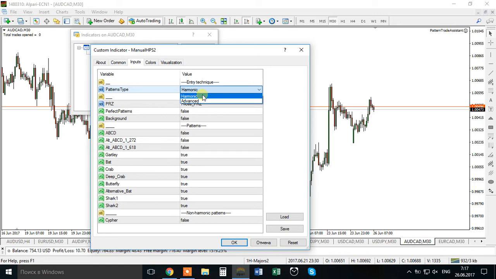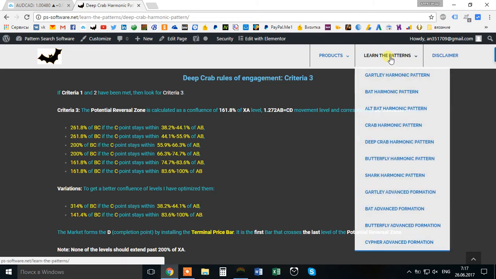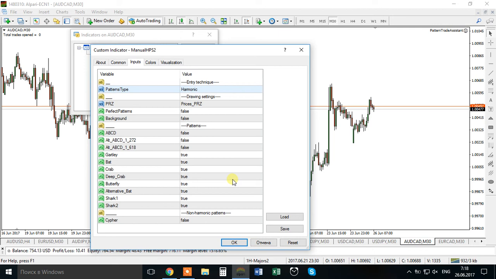If you don't know the difference, go to my website and you will have the full, complete explanation between them. So Bat advanced, Gartley advanced, Butterfly and Cipher advanced patterns, as compared to Gartley harmonic, Bat harmonic and Butterfly harmonic patterns. In a few words, a harmonic pattern is the pattern that draws a potential reversal zone, and then you need to look for reversal price action, some hammer candle or Harami reversing candlestick formations within that potential reversal zone.